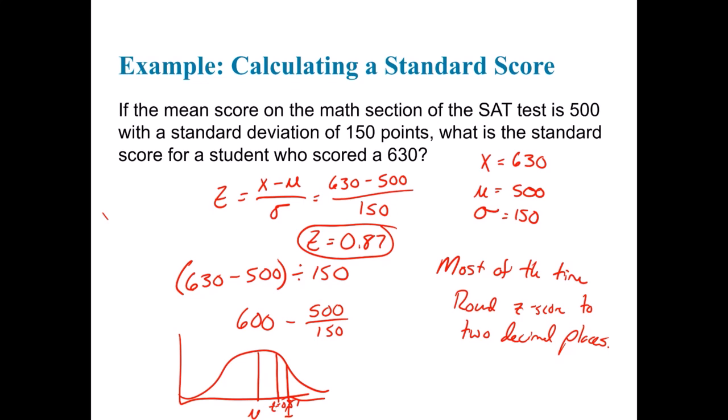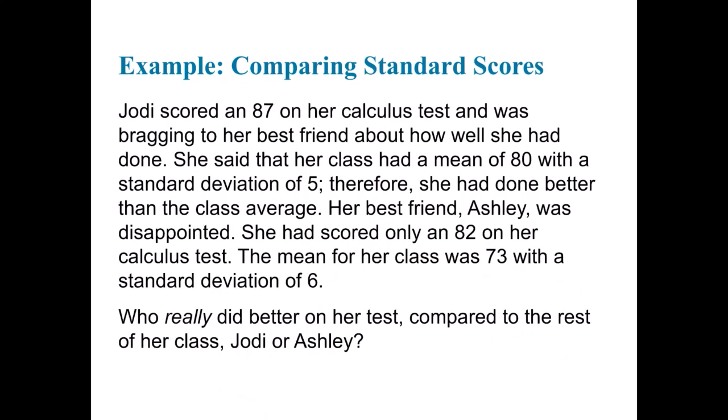And I'll talk more about how we know how to find where the middle is, and where one standard deviation is, etc., later in the course. So I'm not going to make you worry about drawing these out right now. That's coming, don't worry. But we can use this to see, okay, where is somebody in our data set? But we can also use it to compare.